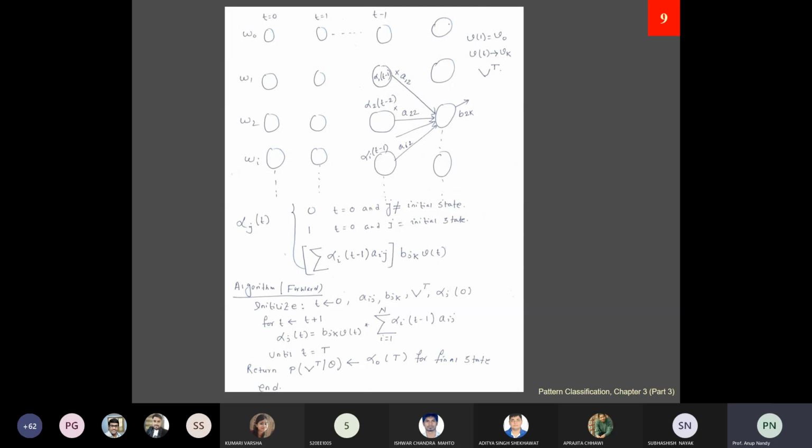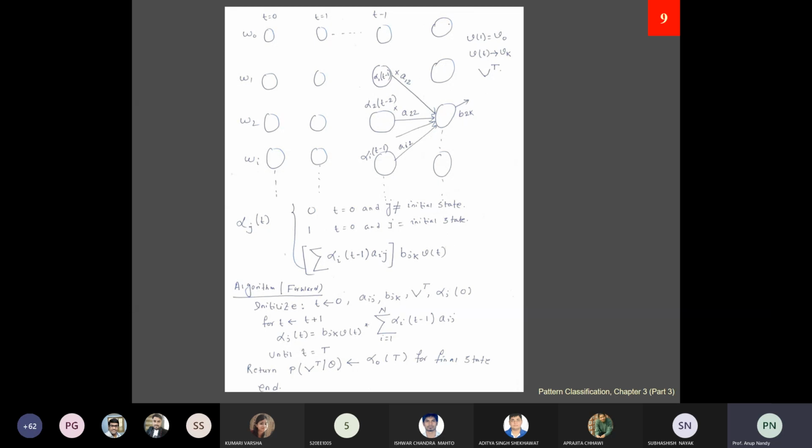So alpha j means, within this circle, I have computed some probability: the probability that the model is in a particular state after emitting an output symbol. That probability needs to be calculated. If t is equal to 0 and it is not the initial state, then it is 0.